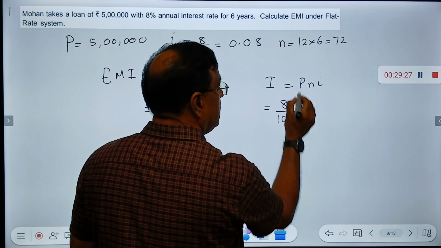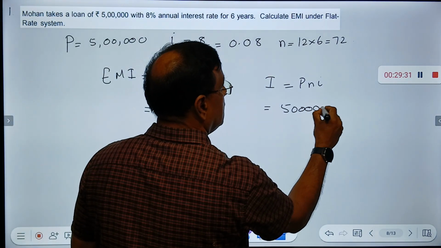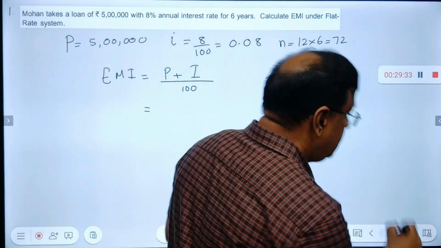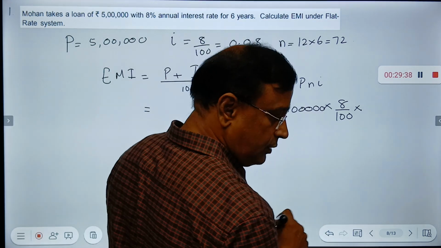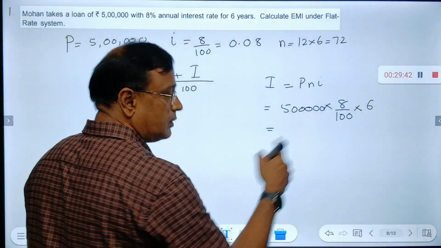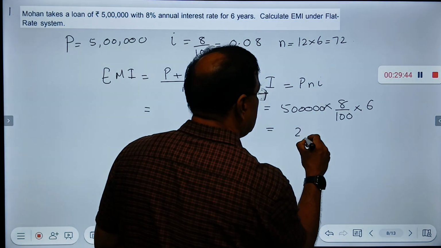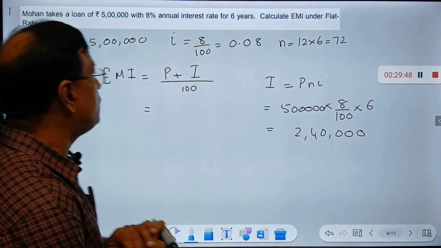It is 5 lakhs into 8 by 100, okay, and the tenure is for 6 years. So if you calculate this, what do I get? 2,40,000. You can do the calculation, it's 2,40,000.